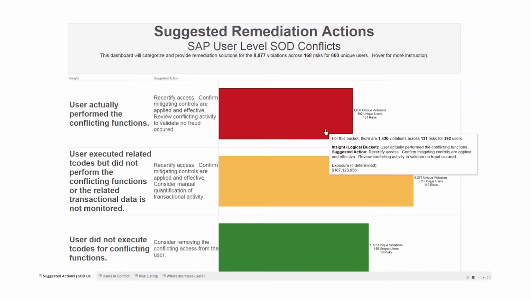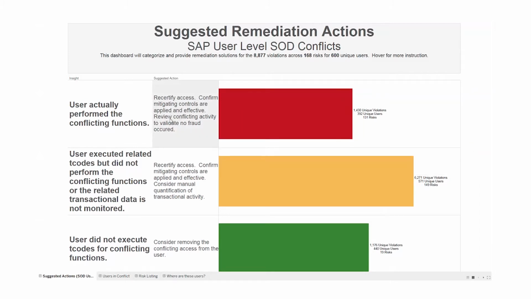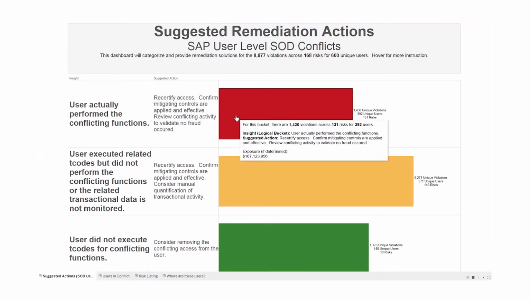Of that, we can see that about 1,400 violations actually did occur, where the user did execute the conflicting functions on both sides of the segregation of duty violations. For these users, the suggested action is to review the conflicting activity and validate if any fraud has potentially occurred. With our transactional analytics, this enables you to perform that review and look at the exceptions only.